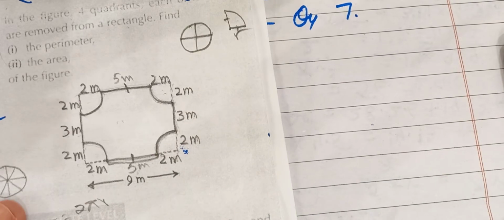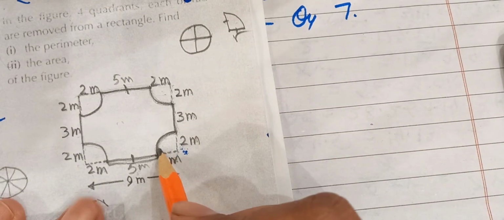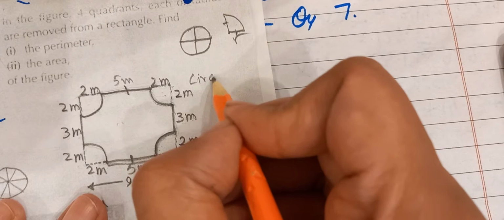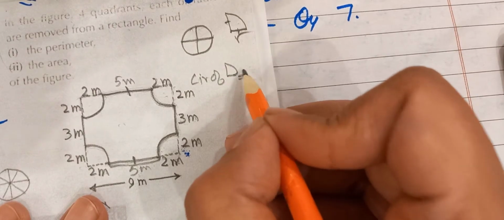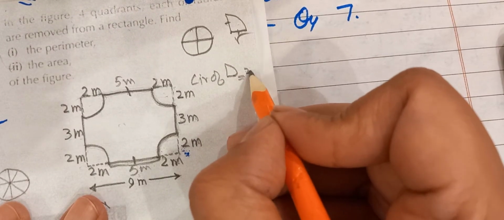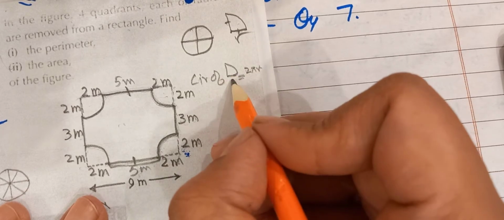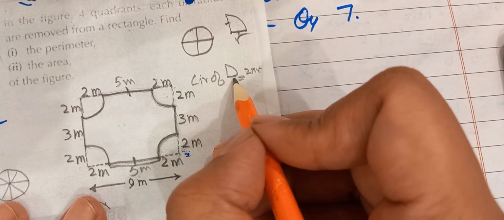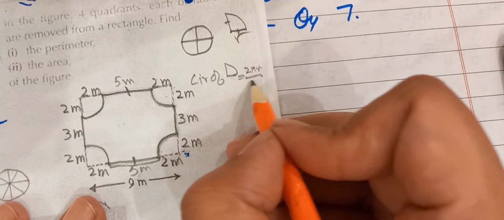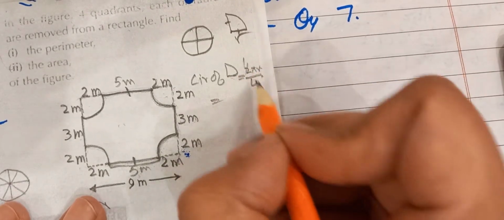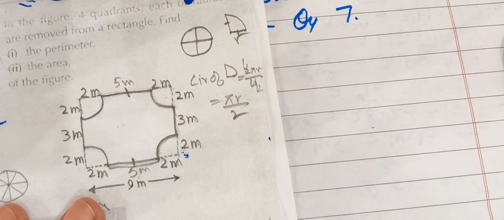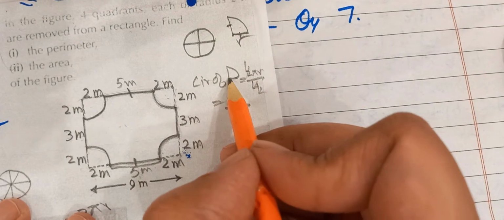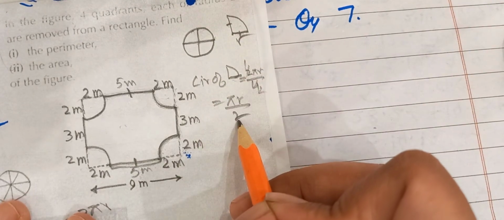So first of all I will take out the circumference of a quadrant. The circumference of a circle is 2 pi r, and as a quadrant is the fourth part of it, I shall divide it by 4. 2 ones are 2, 2 twos are 4, so that would be pi r over 2. The circumference of one quadrant will be pi r over 2.